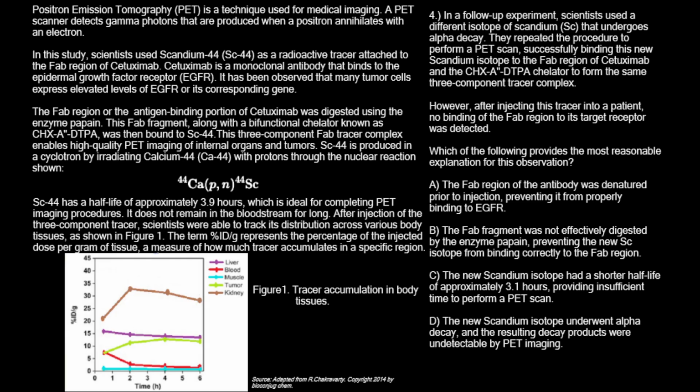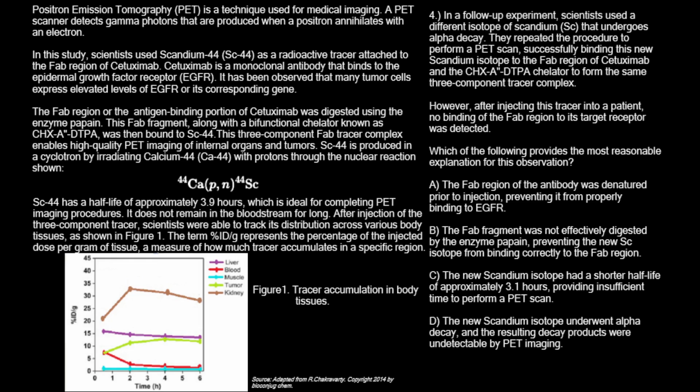Answer choice A says the Fab region of the antibody was denatured prior to injection, preventing it from properly binding to EGFR. Answer choice B says the Fab fragment was not effectively digested by the enzyme papain, preventing the new Sc isotope from binding correctly to the Fab region.